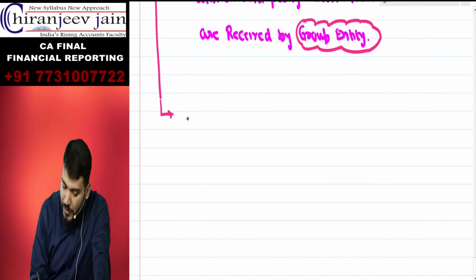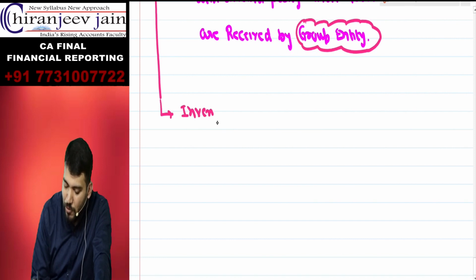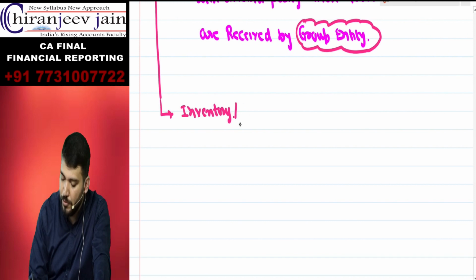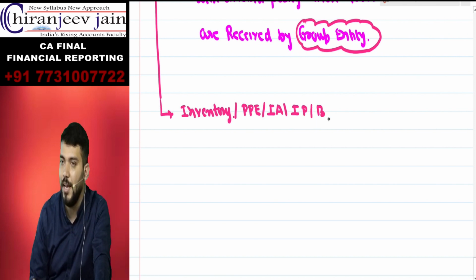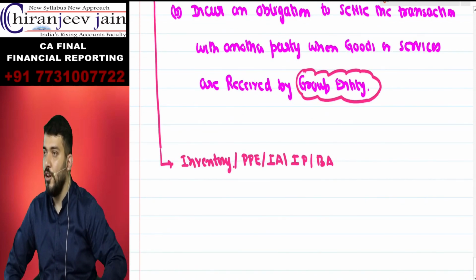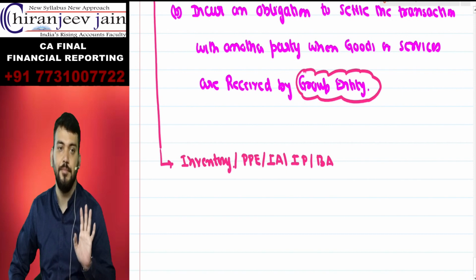You have done inventory in childhood. But here, inventory, it will be PP also. It can be an intangible asset also, it can be investment property also, it can be a biological asset also, any goods, any asset. So they have written goods, it does not mean only inventory, it will include everything.